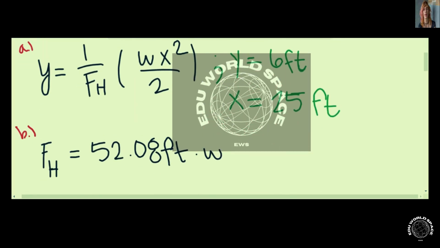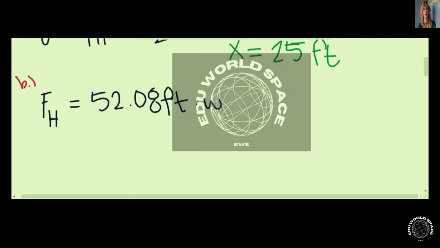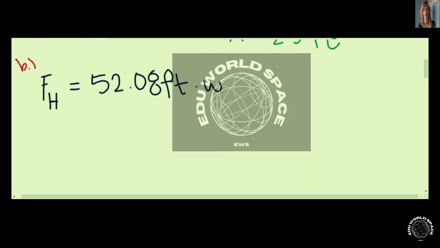We solved for the equation of y in equation A. If we take the derivative of that and set it equal to tangent theta, we get that tangent theta equals wx over F sub h.